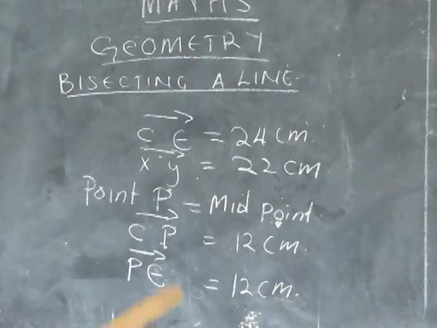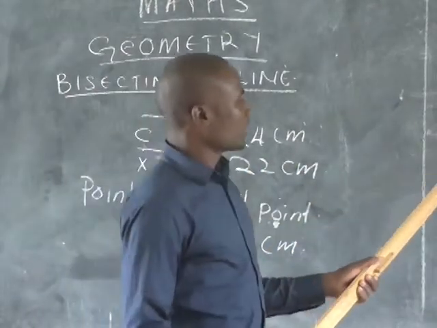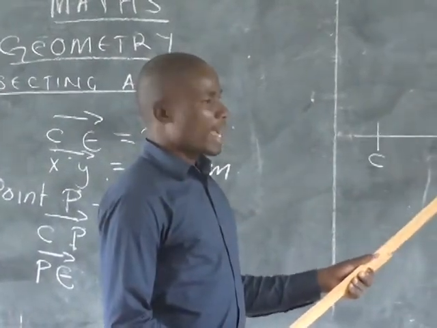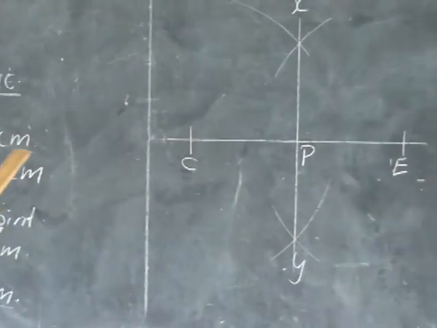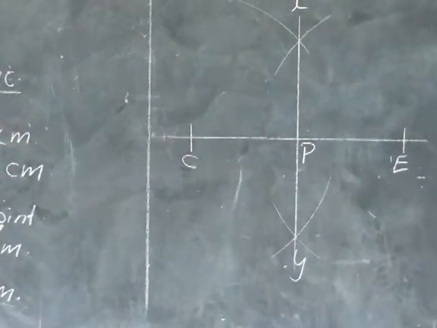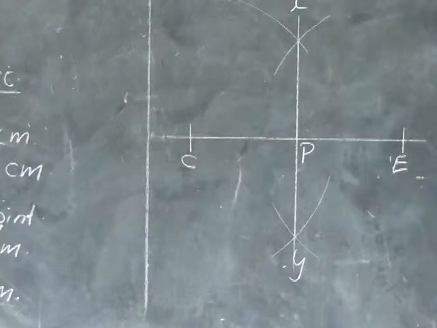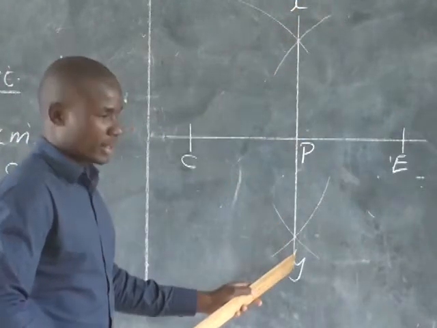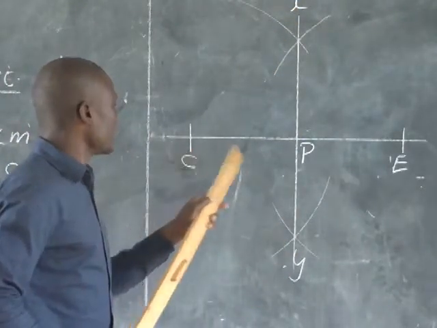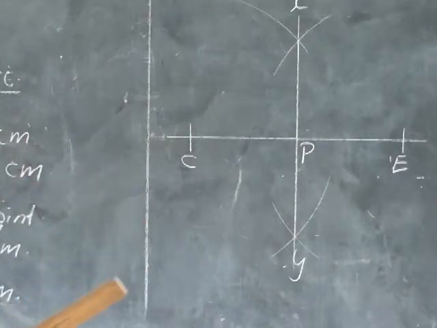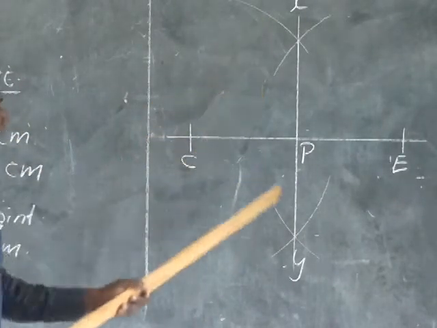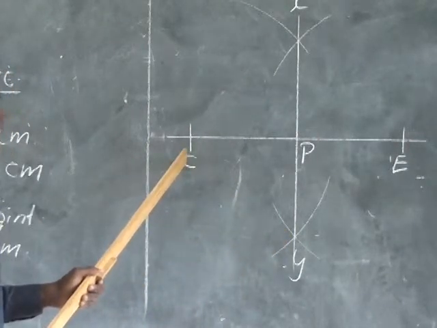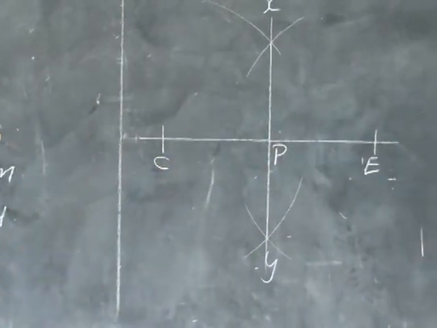What's a midpoint? It's a point whereby a line is divided into two. Midpoint. The middle point. Now, you realize that line XY divides line CE into two equal parts.